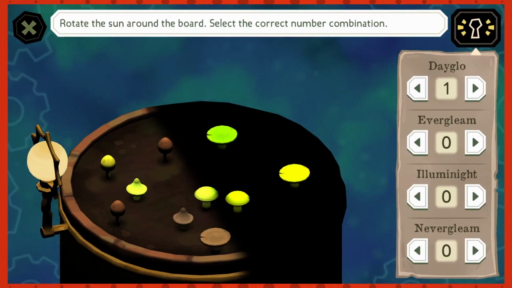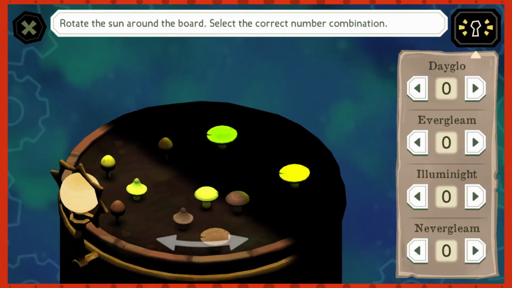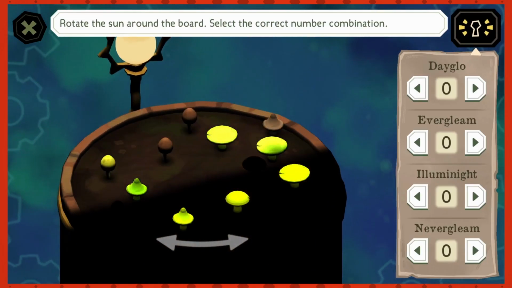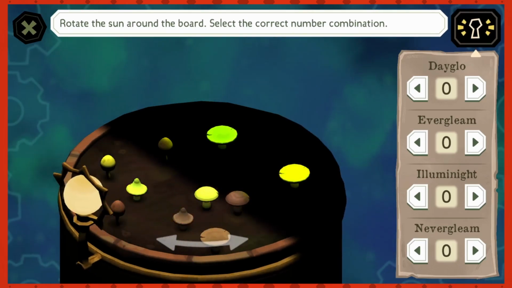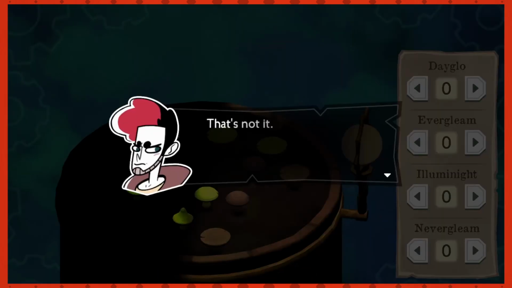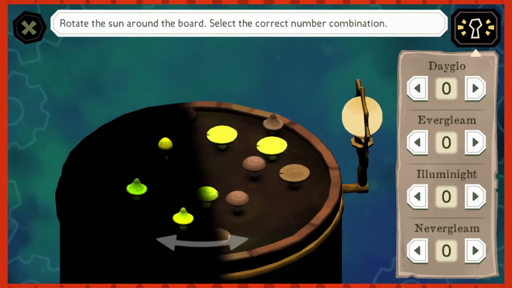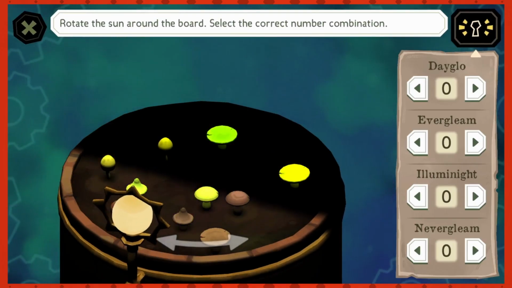But I don't know anything about mushrooms. Nevergleam. That's not it. I guess there's 4 types. But I don't think it's anything to do with their shape or size. It isn't. Dayglow, Evergleam, Illuminite.